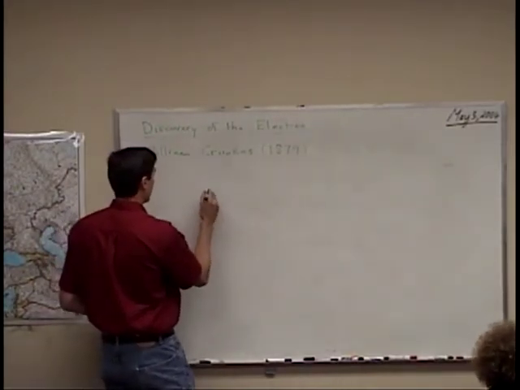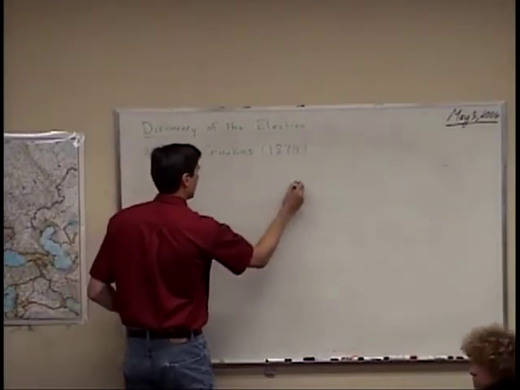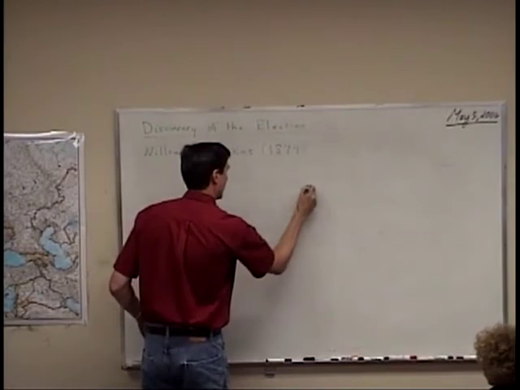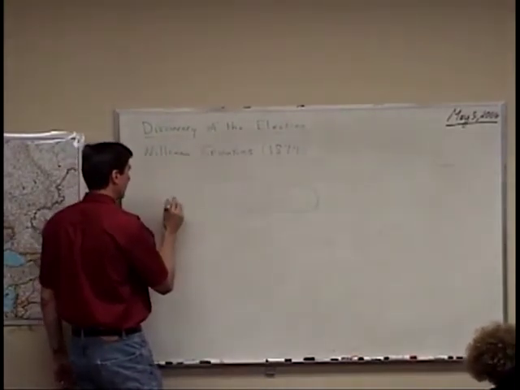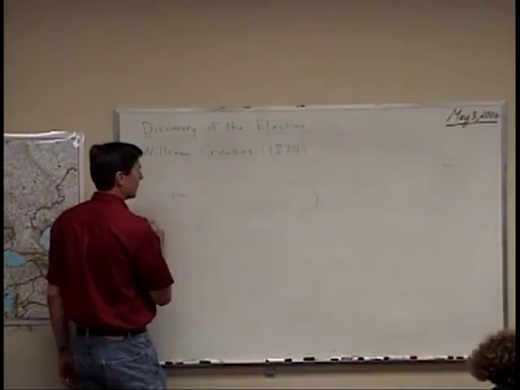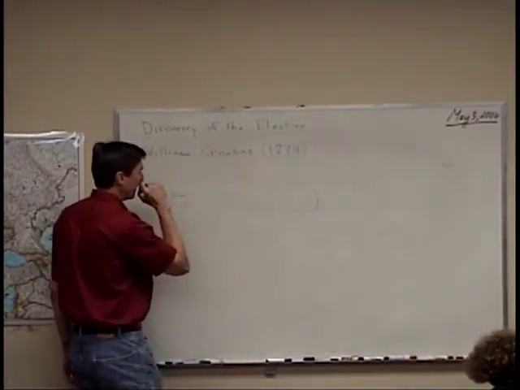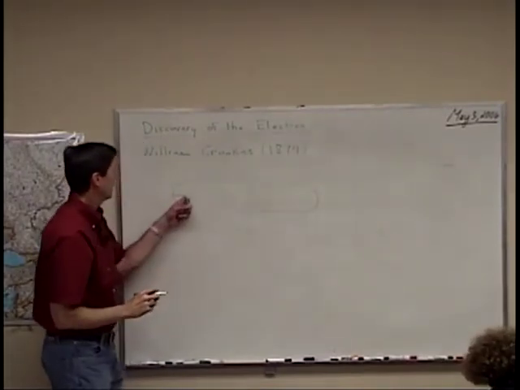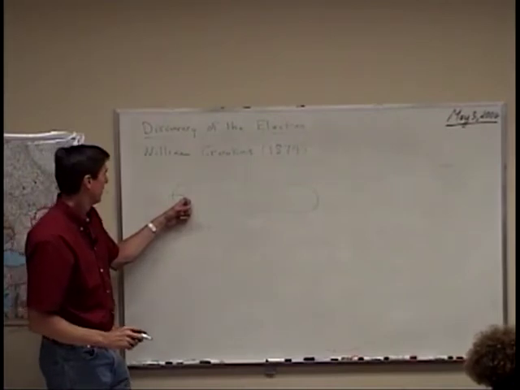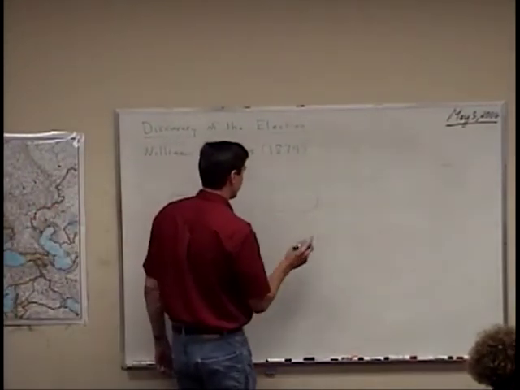So you've got a glass tube. Let me at first just make this real simple. Okay, you've got a glass tube and a negative electrode stuck in there.